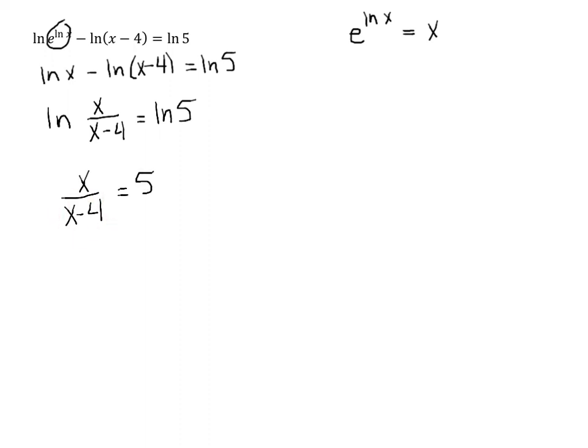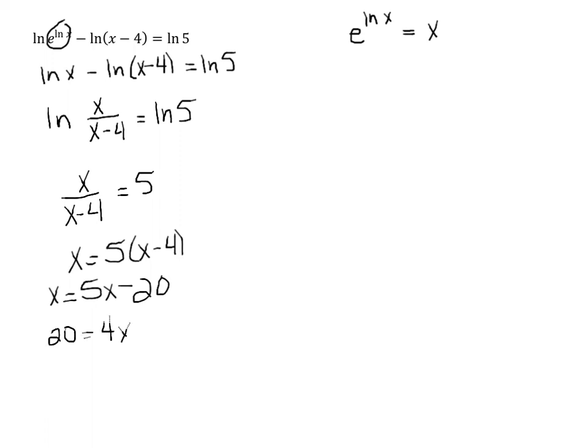Clear my denominator by multiplying on both sides. So I will bring the 20 over, and I'll bring the x over. Divide by 4. And we discovered that x is equal to 5.